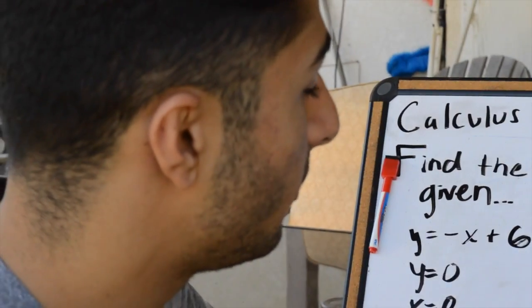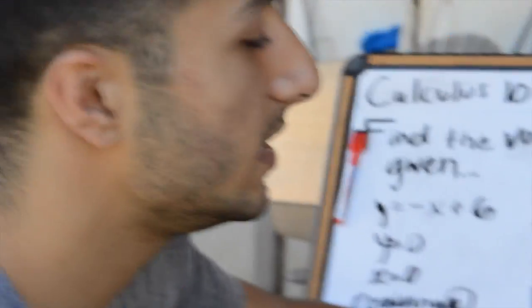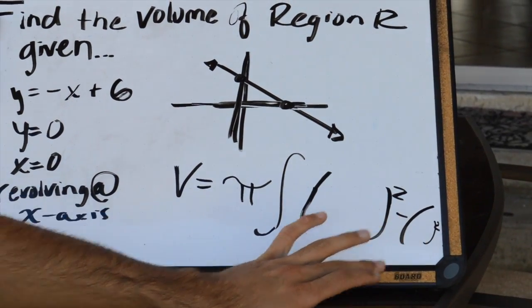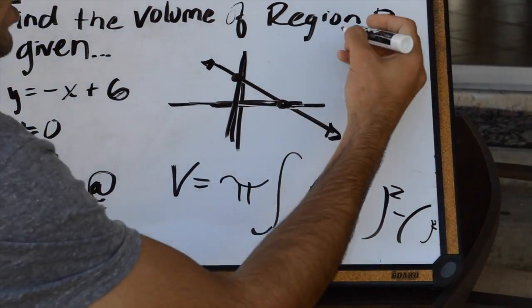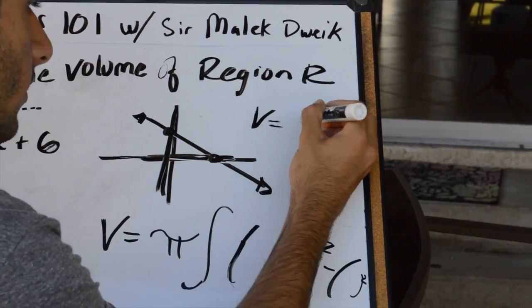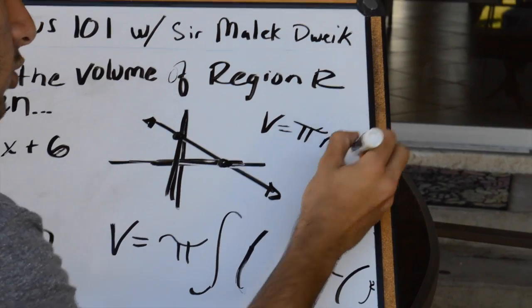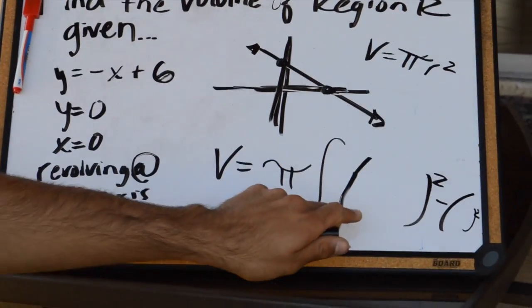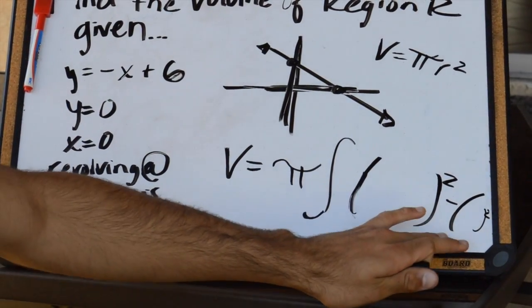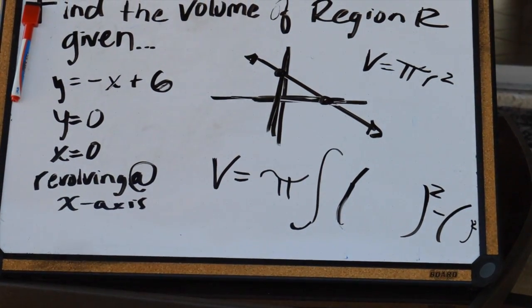We have pi times the outside radius squared minus the inside radius squared. And this formula comes from the very familiar formula, volume equals pi r squared. Here we have the pi, our radius squared, our outer radius in this case, and our inside radius.